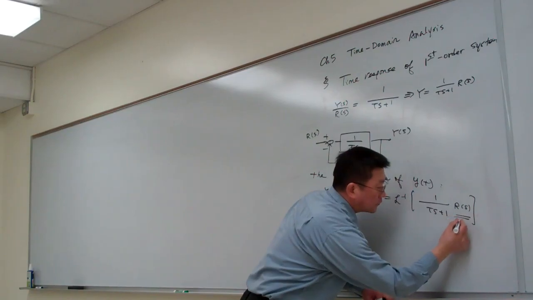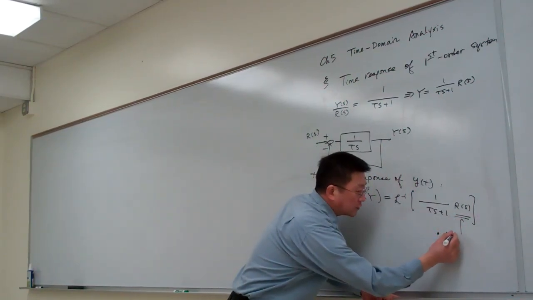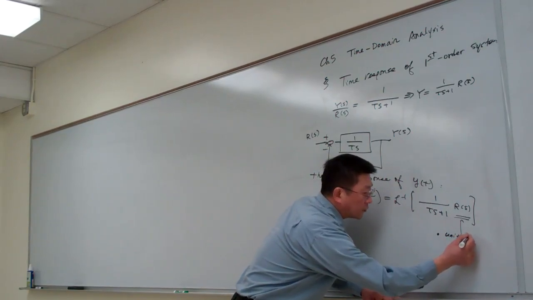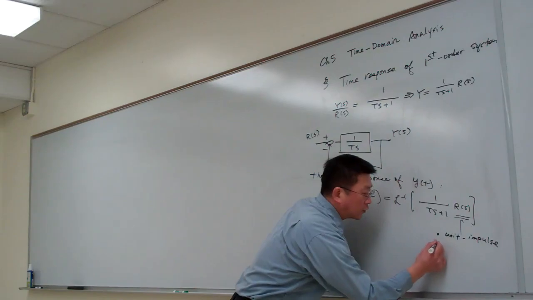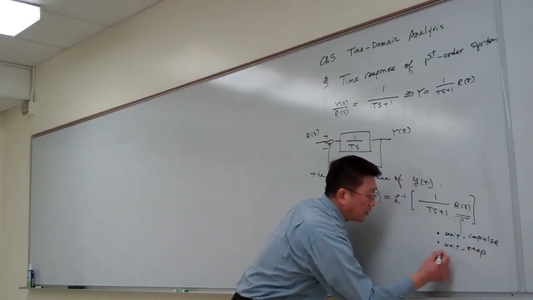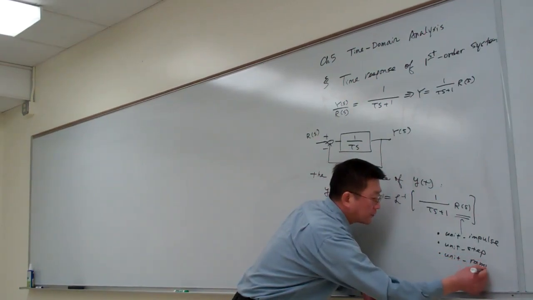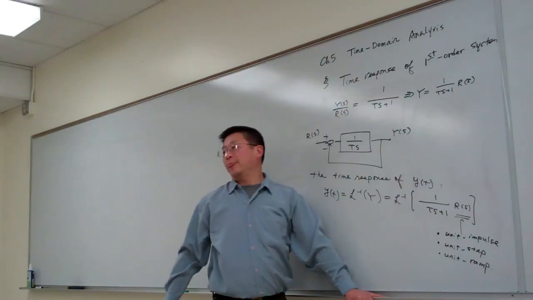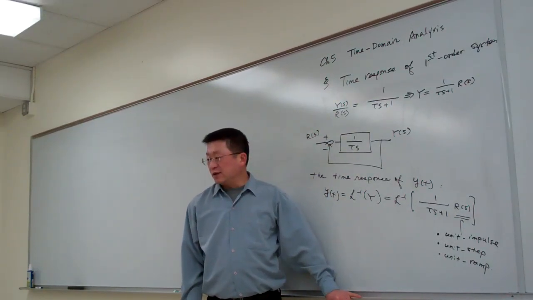For this R here, we could have three options: one is the unit impulse, another is the unit step, and another is the unit ramp, et cetera. These three are the most common ones we can see.